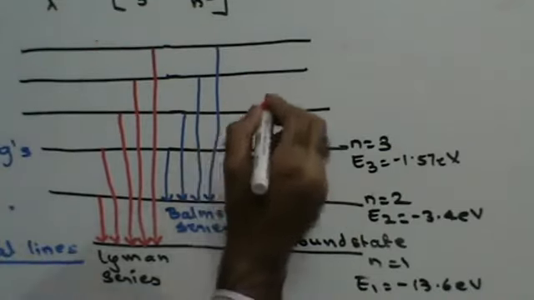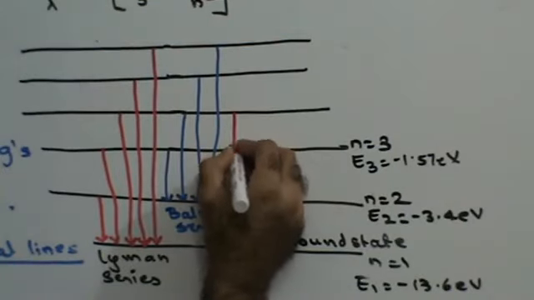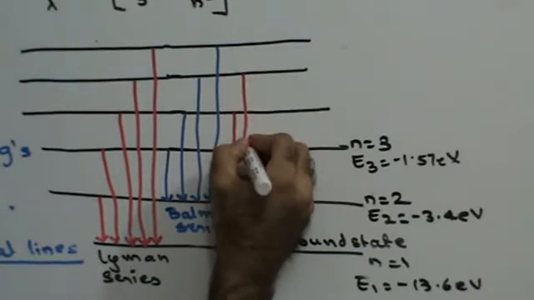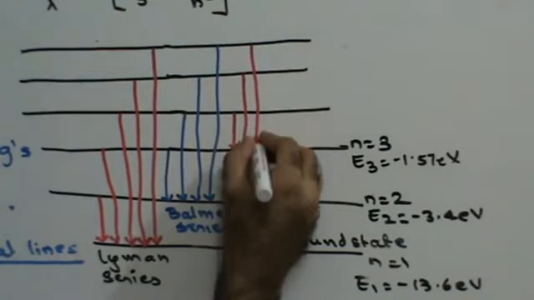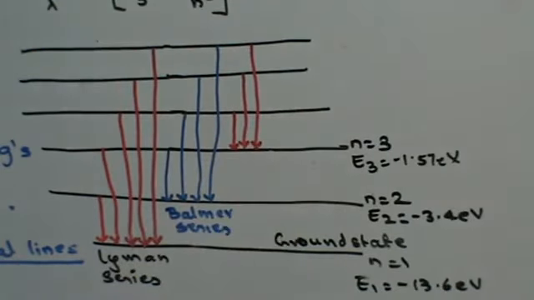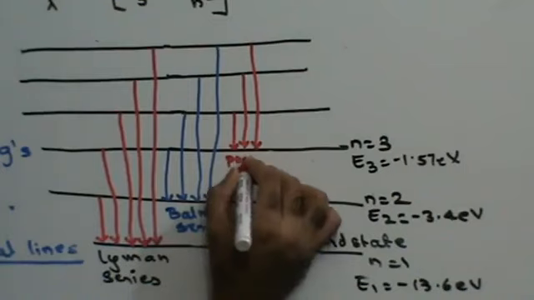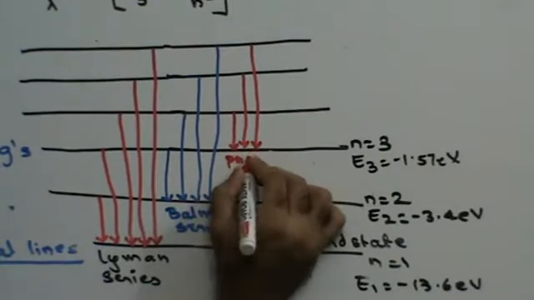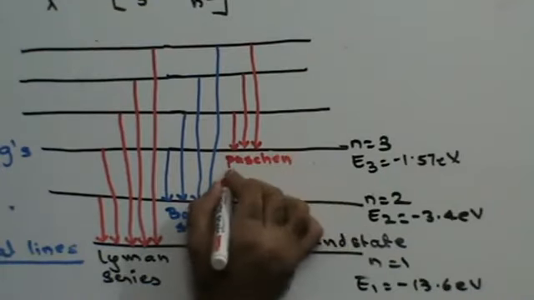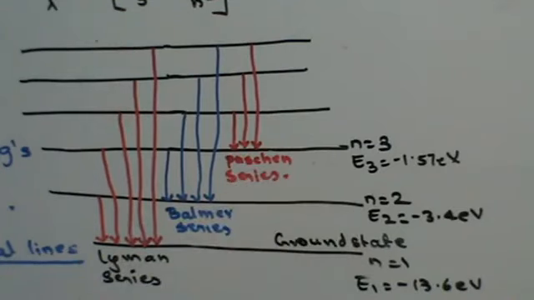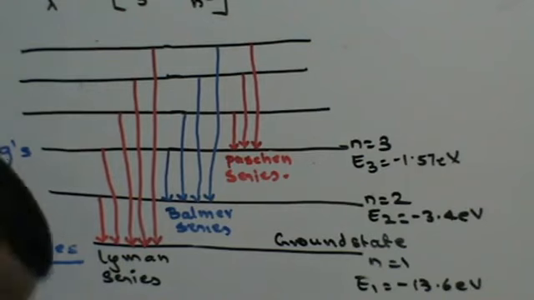So here I would have the Paschen series that would be like this. Right? This is going to be my Paschen series. So that's how you show your spectral lines.